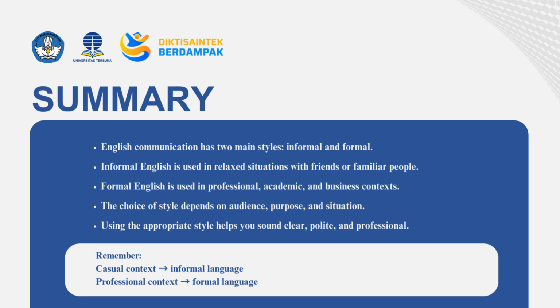Formal English is used in professional, academic, and business contexts. The most important thing is to consider your audience, your purpose, and the situation before choosing your language style. When you use the appropriate style, your message will sound clearer, more polite, and more professional.